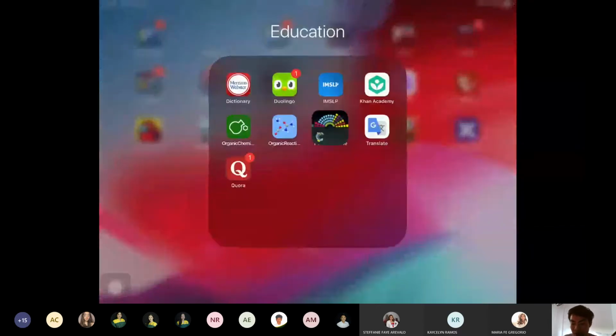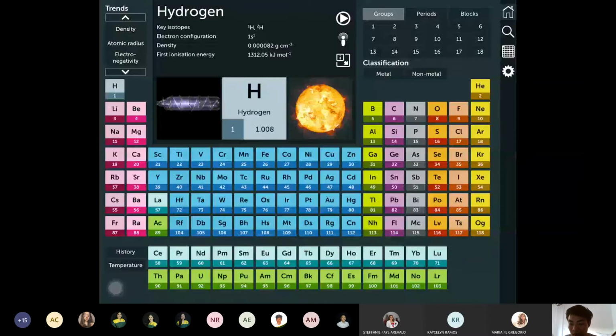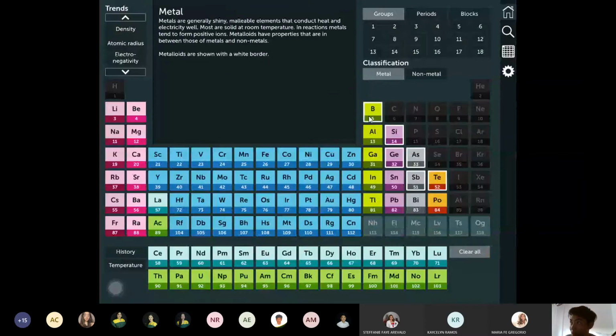Which ones have metallic properties in the p orbital? Boron, aluminum, silicon, and so on. Boron and silicon are semi-metals, but they still have a tendency to be metals. So these atoms are in the p orbital, yet they are metallic.